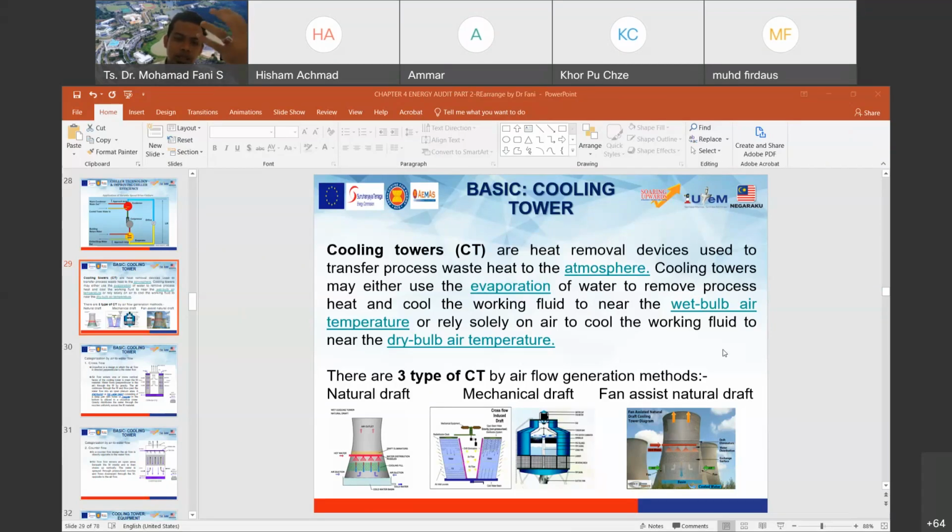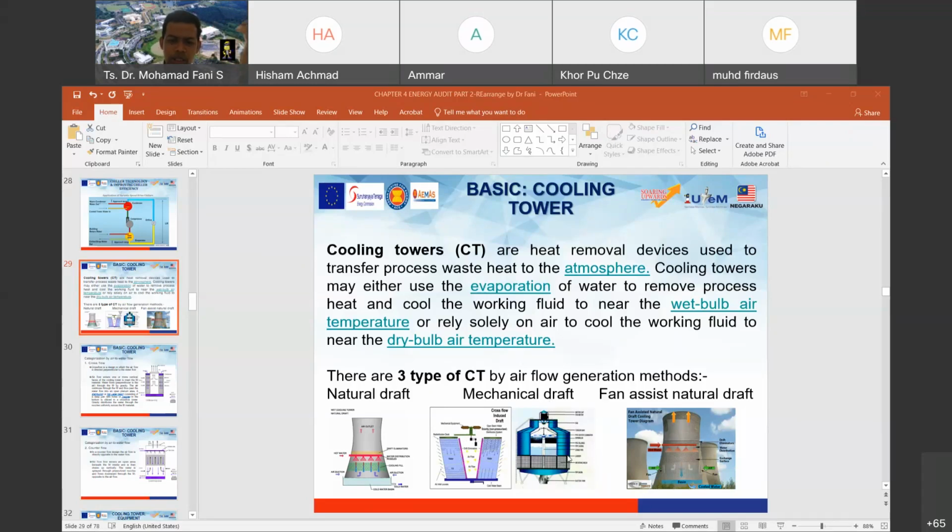That's why we call it cooling. The main component is the fan, which is driven by a motor that switches on the fan.